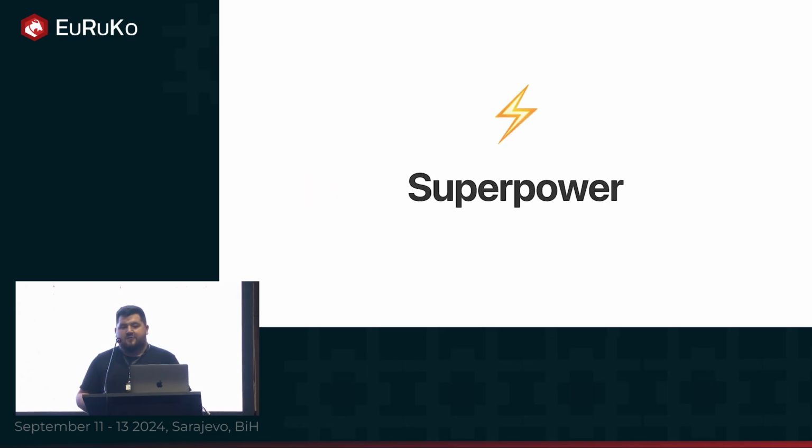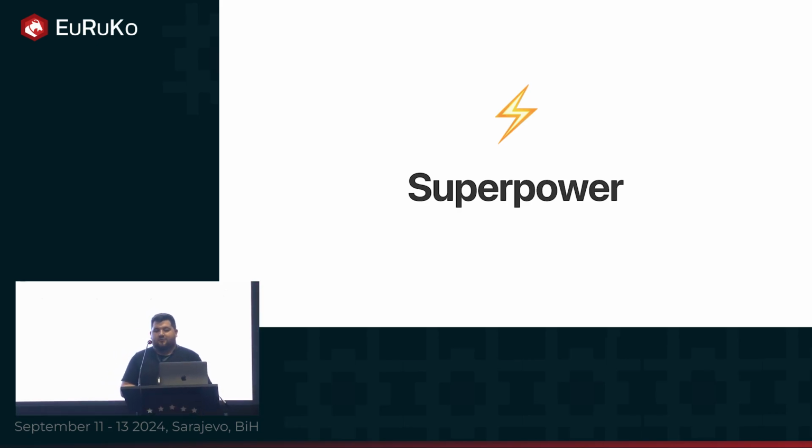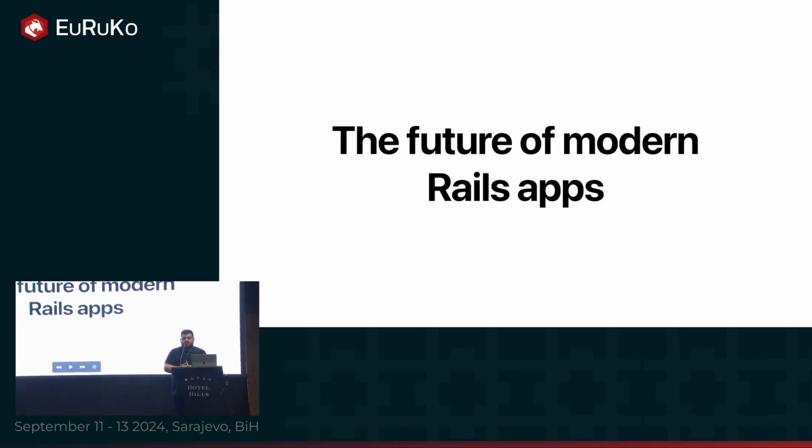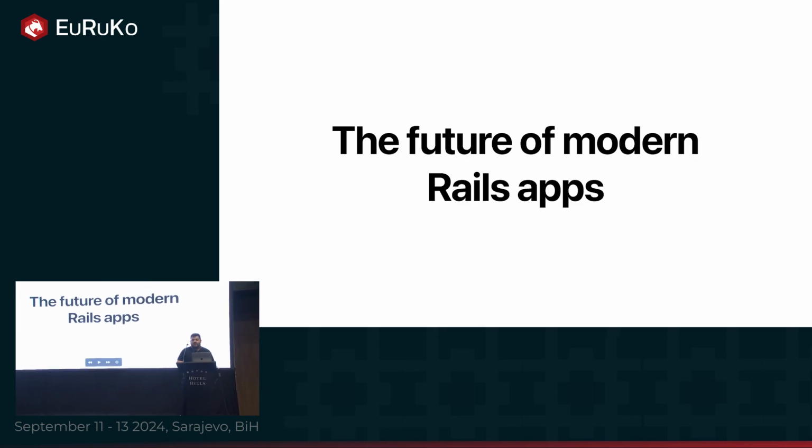Because to me, it feels like it gives me some kind of superpower to just build whatever I want or need, and that's really what I'm all after. And I think it's the future of modern Rails apps in a way, now that it's also default in Rails 7 and forward. So it's really cool to see this approach gaining more traction.